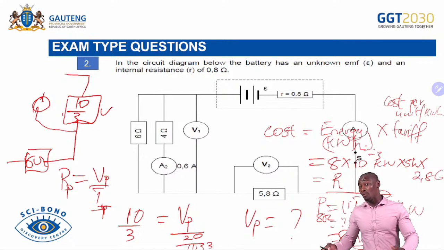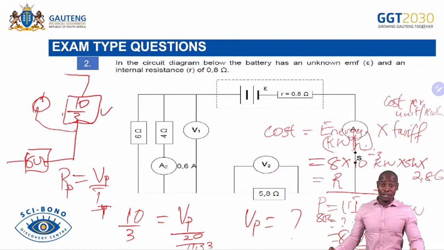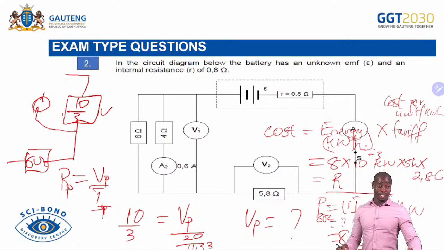Then energy in kilowatt hour will be kilowatts, which is power, multiplied by time in hours. Then you multiply that by the cost per unit, or cost per kilowatt hour, or by tariff. Then you'll get the cost of using that appliance for certain hours. All right, so it's what you need to do, learners.